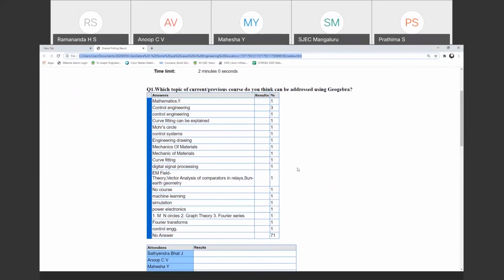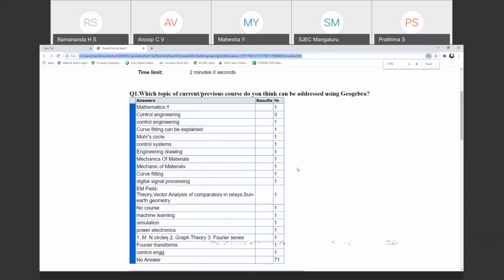Yeah, now we have some new things: control systems, engineering drawing, machine learning, M and N circles, graph theory, Fourier series, Fourier transform, control engineering. So I think some more options have come out now compared to the same poll which was run previously.